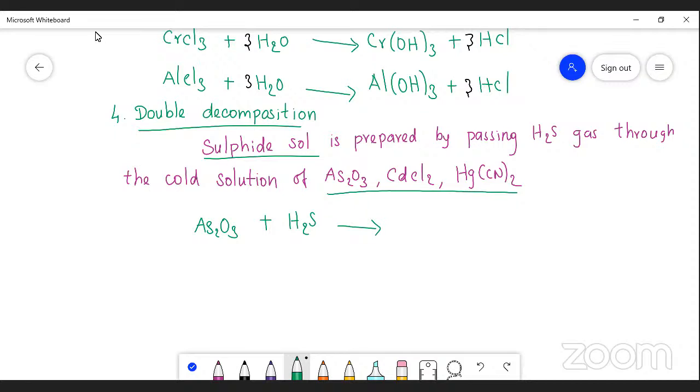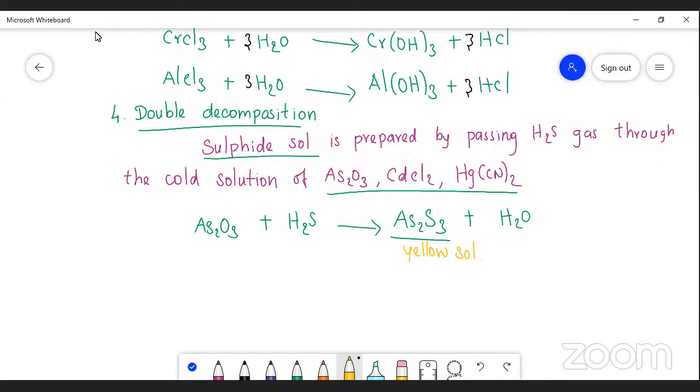Then we get arsenious sulfide, As2S3, and water. Here the arsenious sulfide is a yellow salt.